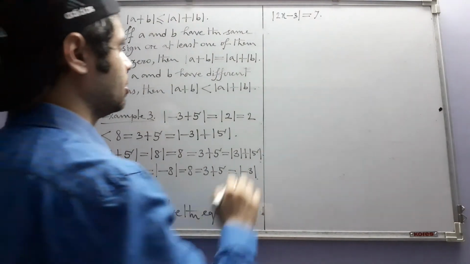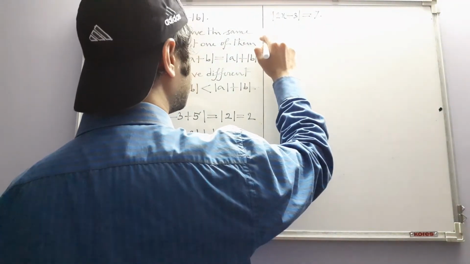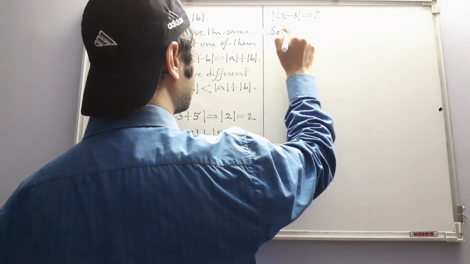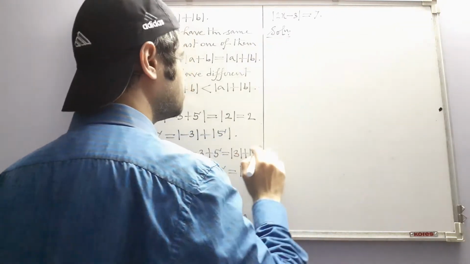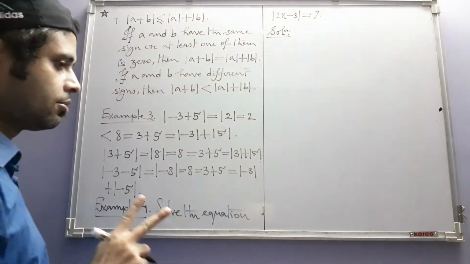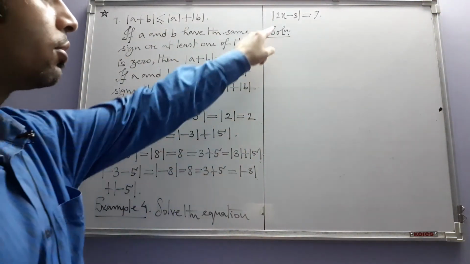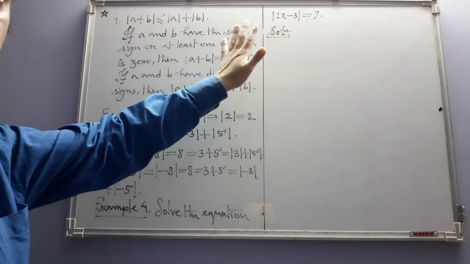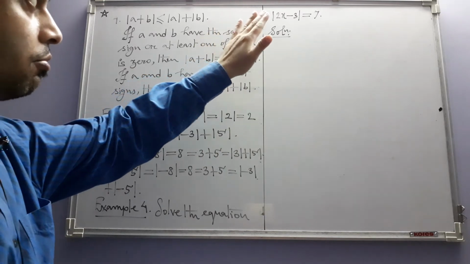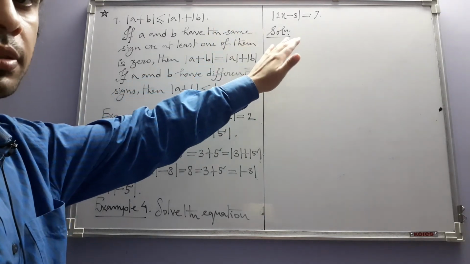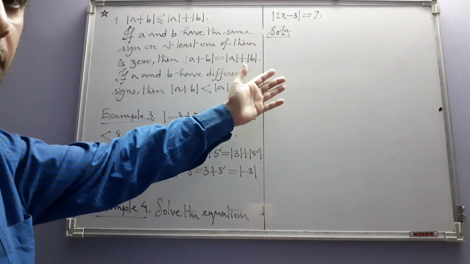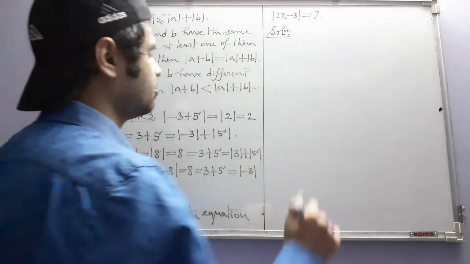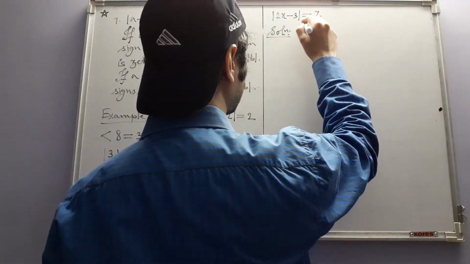Suppose we need to solve this equation. Now there are two cases. We don't know what 2x minus 3 is. After all, it's some real number. In one case, this real number is non-negative, and in the other case it's negative. So we need to consider two cases.